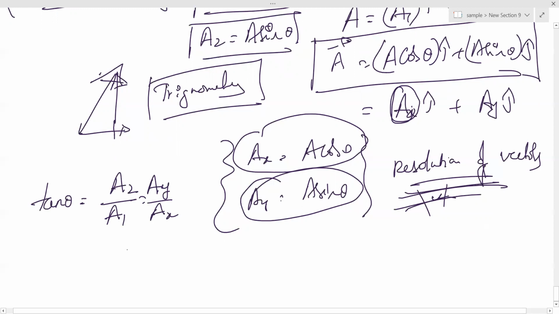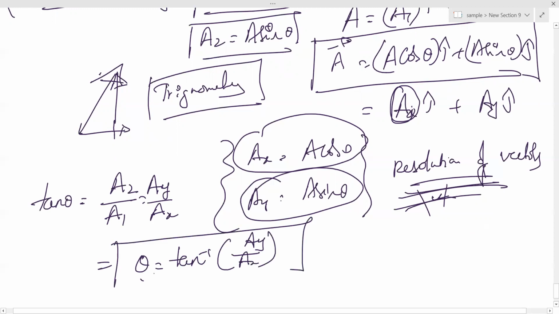Yes, sir. So can I write theta is equal to tan inverse of AY by AX? Tan, if you send it to the right side, it will become tan inverse, okay? Yes, sir. This is quite important.